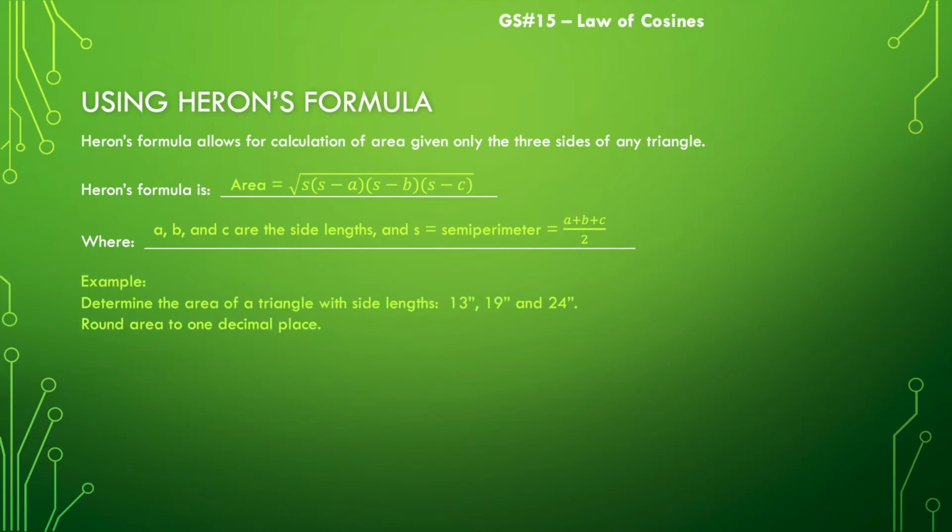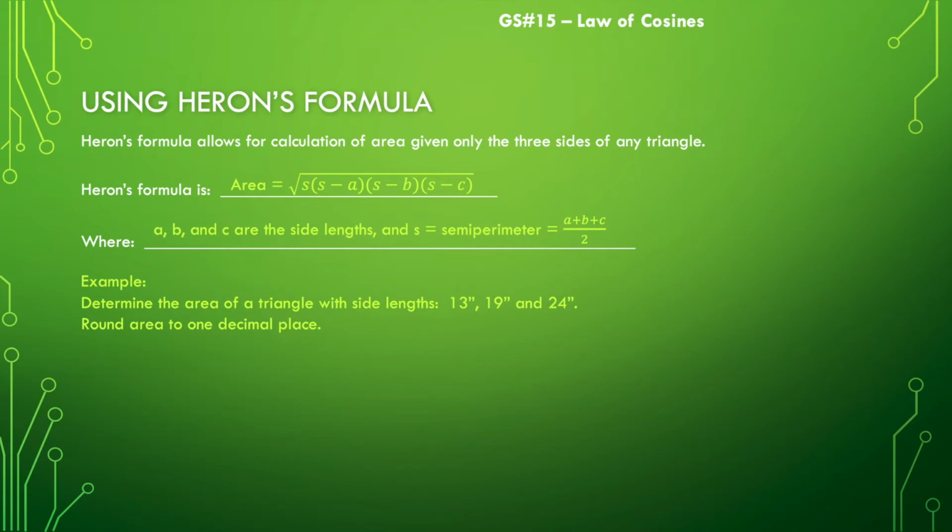Let's say we're given a triangle and we're asked to determine its area if we know that the side lengths are 13 inches, 19 inches, and 24 inches. We'll round our area to the nearest tenth of a square unit.